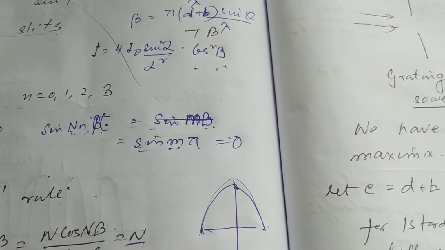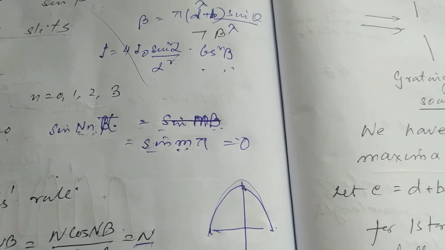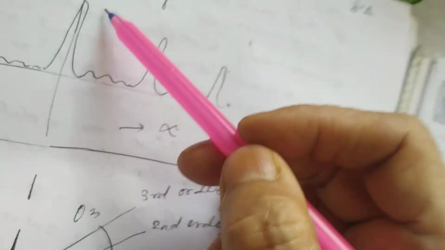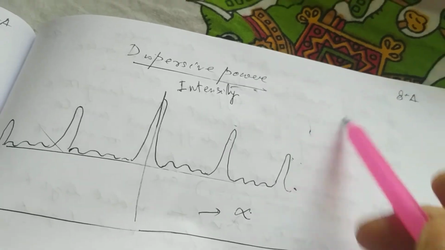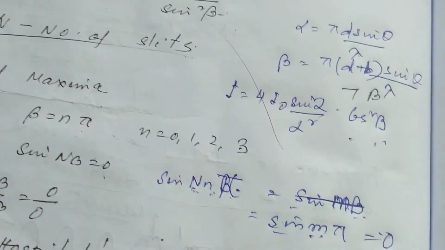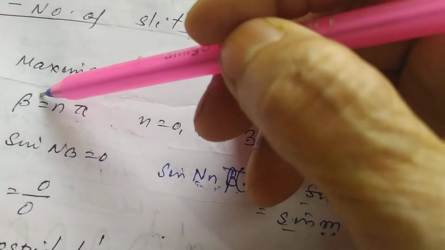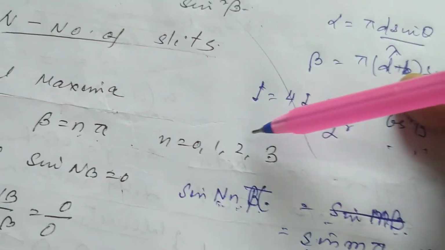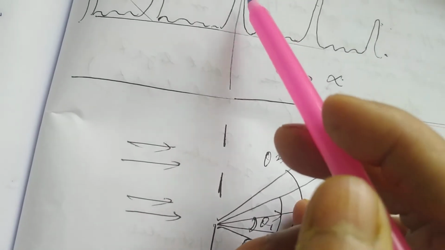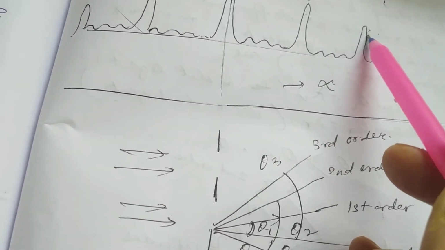So the intensity of the principal maxima gradually reduces. I am getting a large number of principal maxima when beta is equal to 0, pi, 2 pi, 3 pi, etc., of reducing value.